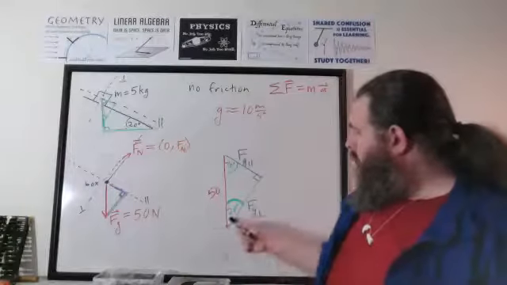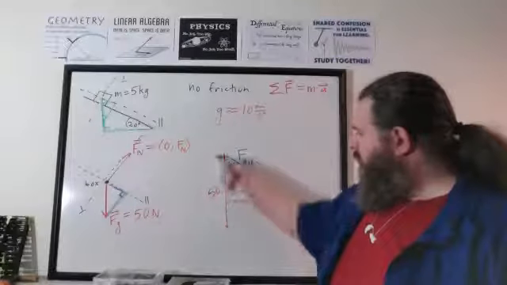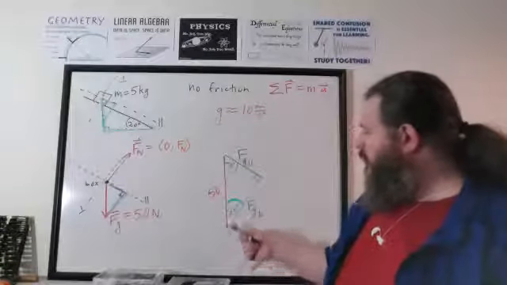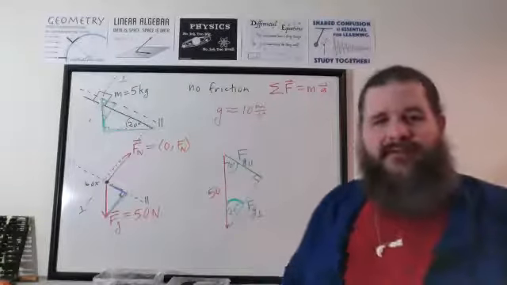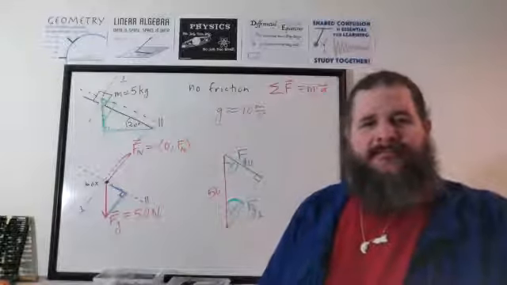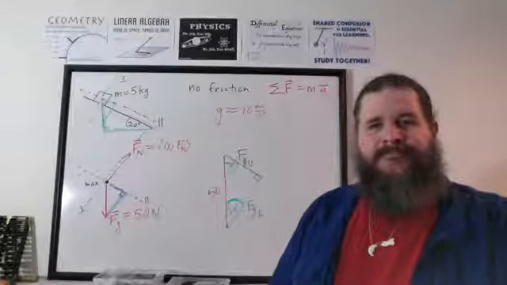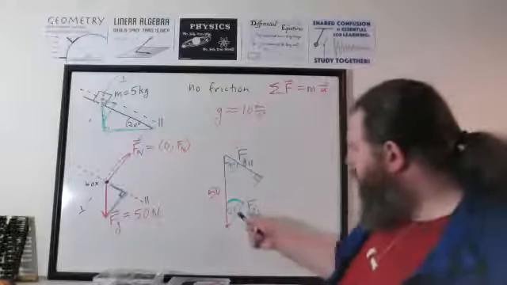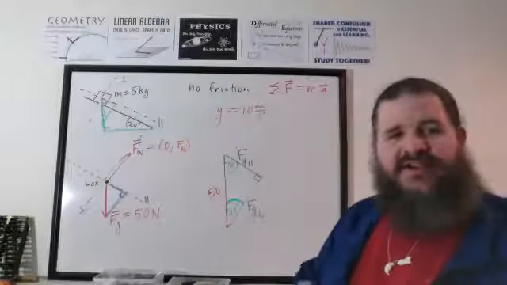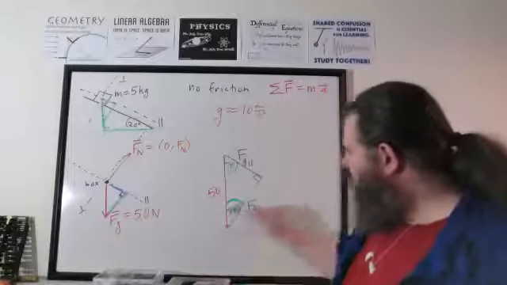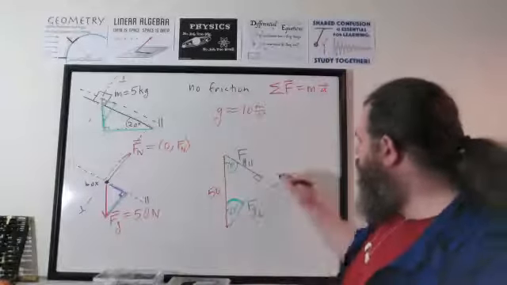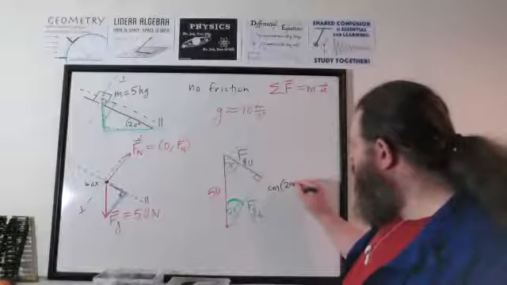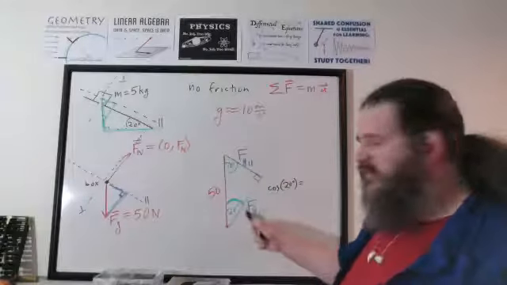And based on that 20 degrees, and we know this 50 Newton hypotenuse, how would we find, for instance, the perpendicular component of gravity? 50 cosine 20. Yeah, because the perpendicular side is adjacent to that 20-degree angle. So cosine of 20 degrees would be adjacent over hypotenuse.